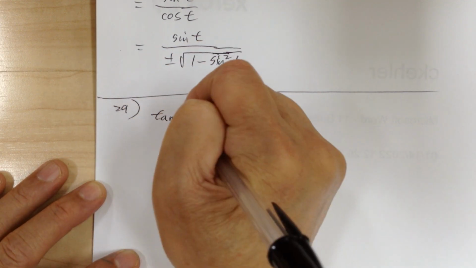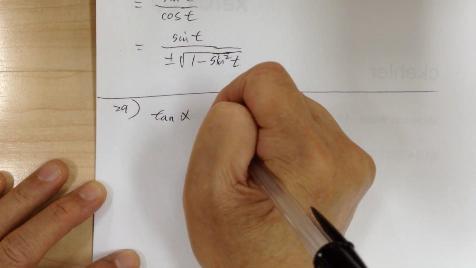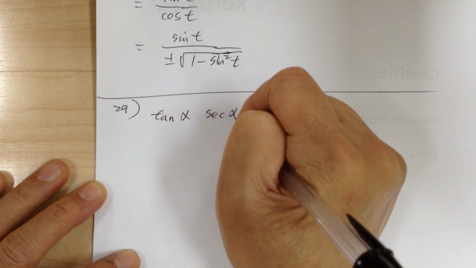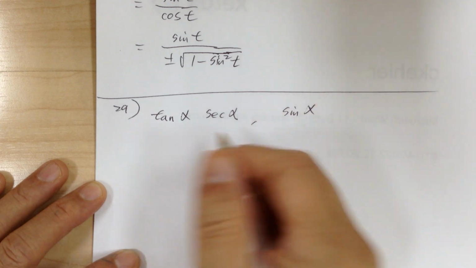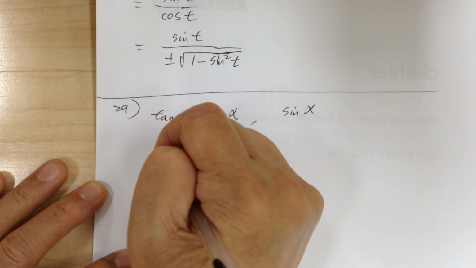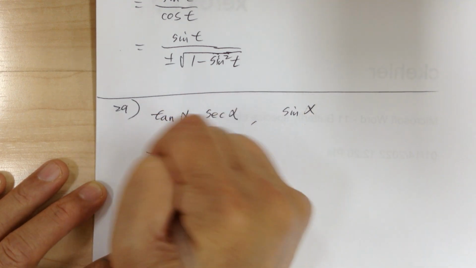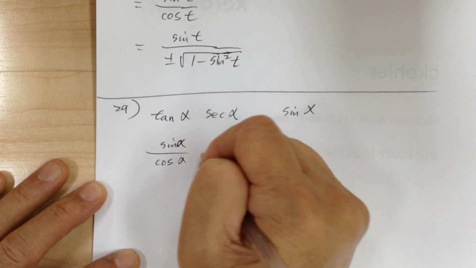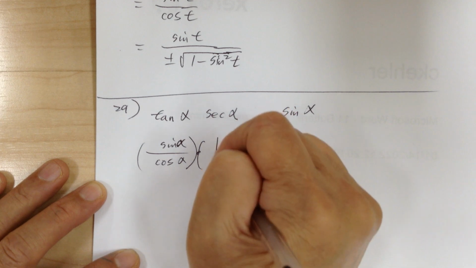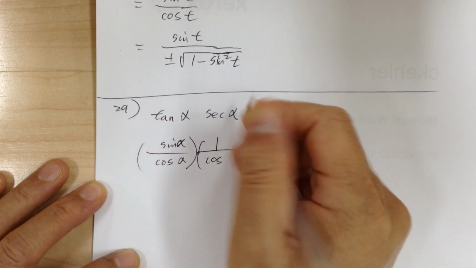Okay, number 29. Tangent alpha, secant alpha. Again, you want to put everything in terms of sine alpha. So tangent is equal to sine over cosine. Secant is 1 over cosine.